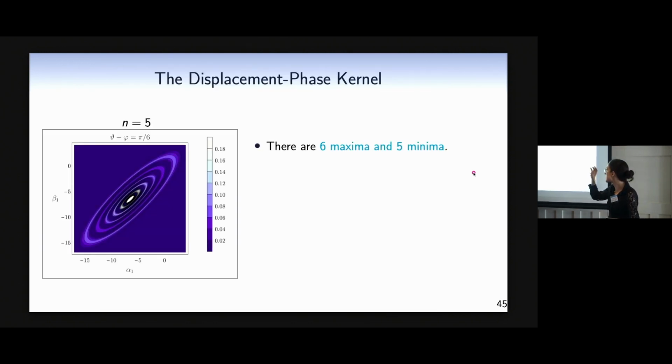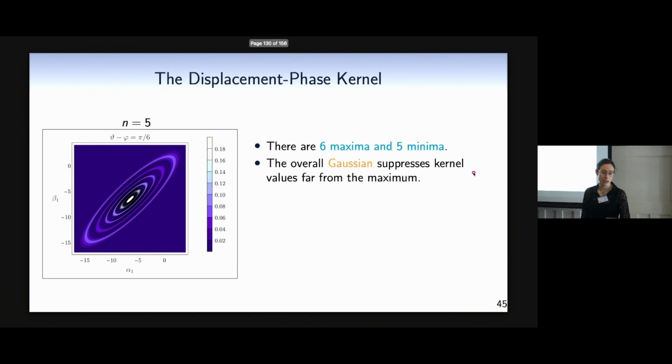So sort of the takeaway from this is, this is for n equals 5. Again, you see that structure of there being sort of 6 maxima and 5 minima. You have that overall sort of Gaussian that's exponentially suppressing your data away from your sort of central maxima here.